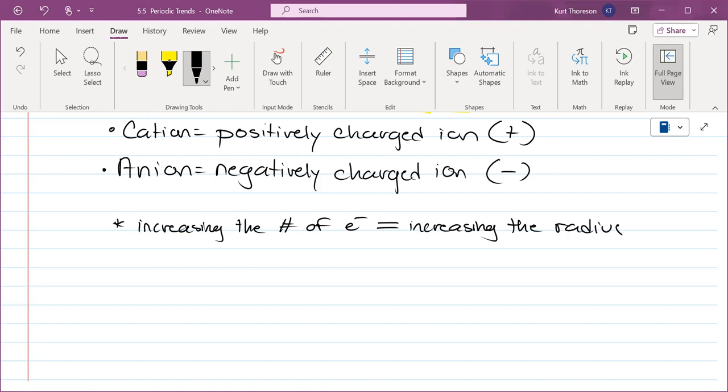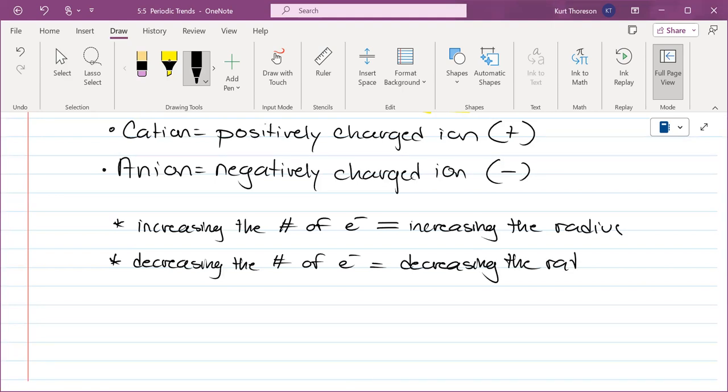It's making the atom, or technically not an atom, it's an ion, getting bigger. And as Garrett also said, decreasing the number of electrons equals decreasing the radius.